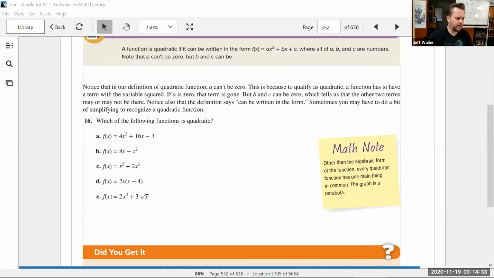If I have a quadratic function in this form, I can always find the x part of the vertex by doing negative b over 2a. And this is all kind of off the record, on the side.